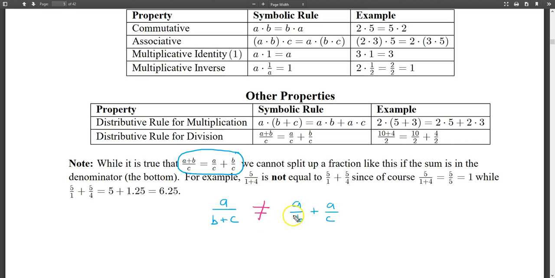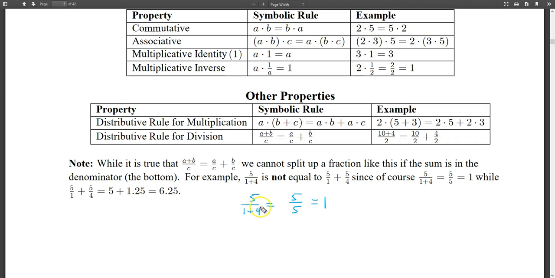And to verify that, we'll just do a simple example here. Just consider this: 5 over (1 + 4). Well, if you were to evaluate this, that is simply 5 over 5, which of course is 1.